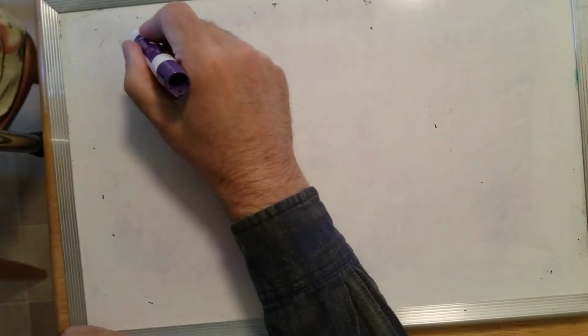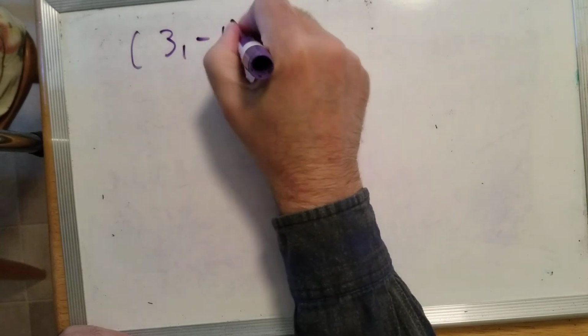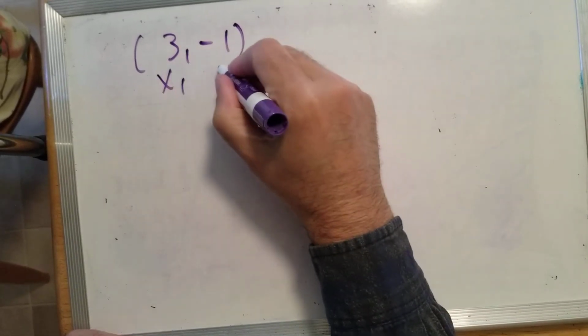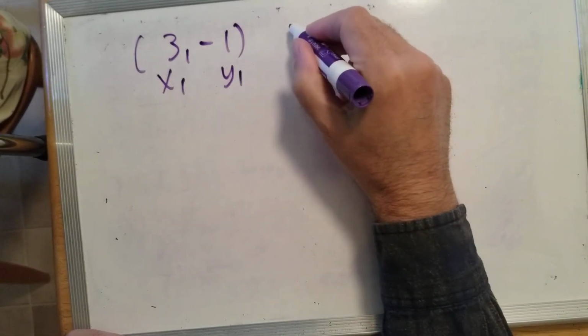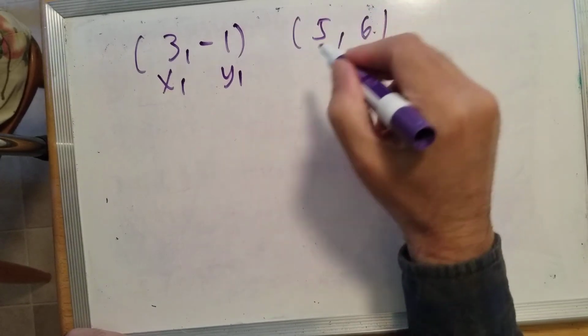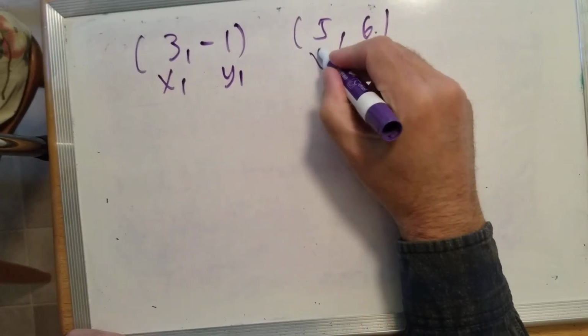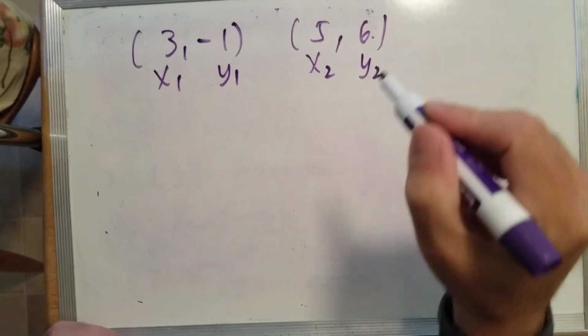So here's 3, -1. The 3 is the x1, the -1 is the y1. For 5, 6, the 5 is the x2 and the 6 is the y2.